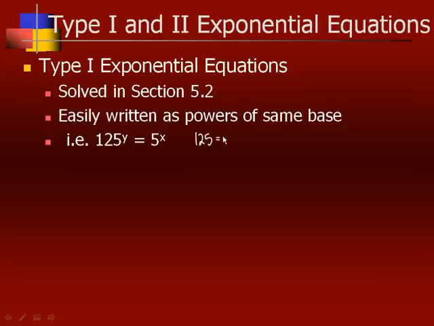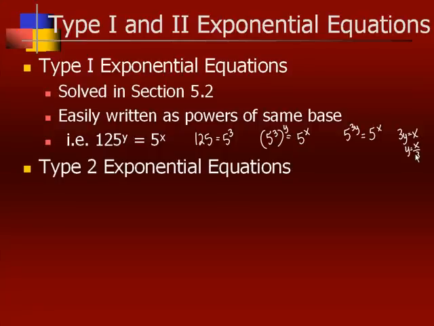So 125 is written as 5 to the third, so we'd get 5 to the third to the y is equal to 5 to the x, or 5 to the 3y is equal to 5 to the x. So 3y is equal to x, so y is equal to x over 3.